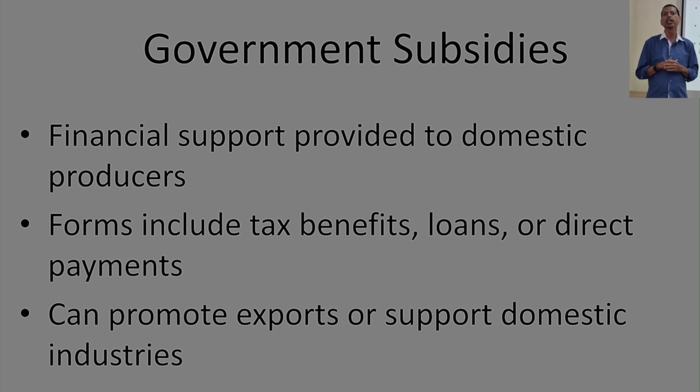Governments also influence trade through subsidies. A subsidy is financial assistance given to producers by the government. Subsidies can take many forms: direct cash payments, tax reductions, low interest loans, or insurance guarantees. There are two major types: domestic subsidies and export subsidies.